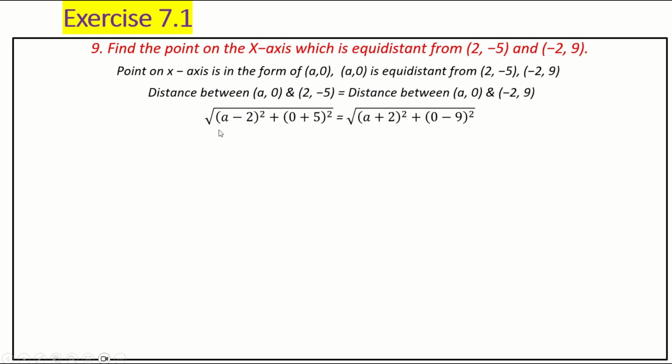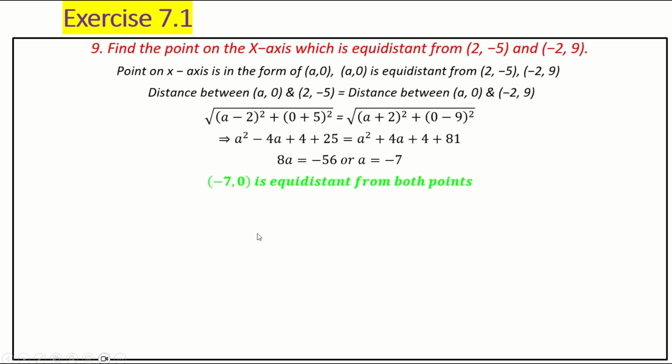If I substitute those values in the equation, this is what it is, and I can square both sides. I'll get a square minus 4a plus 4 plus 25 equal to a square plus 4a plus 4 plus 81. If I simplify it, what I get is a is equal to minus 7. So minus 7 comma 0 is equidistant from these 2 points. Next, which is on the x-axis also.